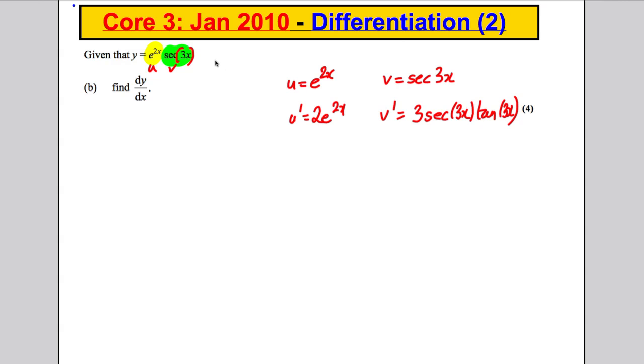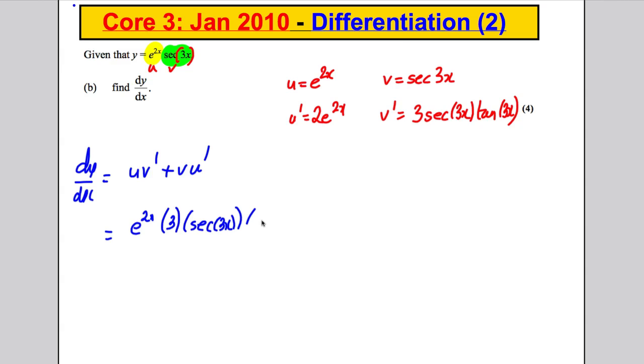The derivative of this. Okay, let's do some substitution. dy by dx is given by the product rule as uv dash plus vu dash. Subbing in, it would be e to the 2x, 3 sec 3x tan 3x, plus vu dash, which would be sec 3x multiplied by 2e to the 2x.